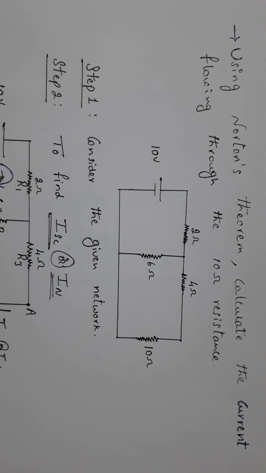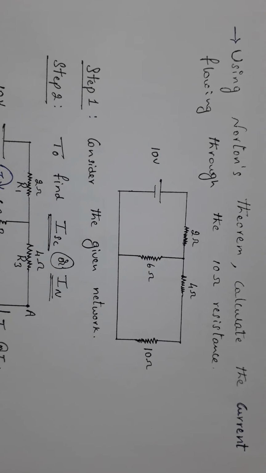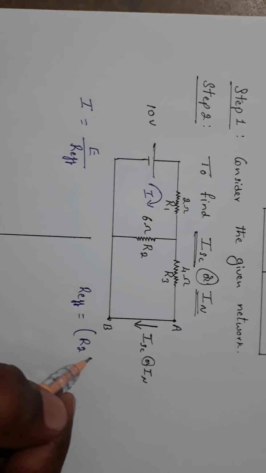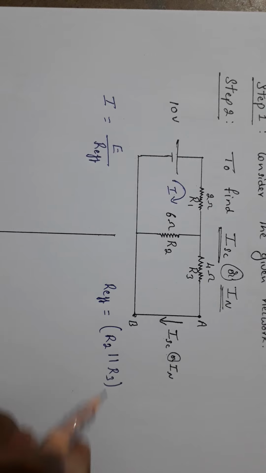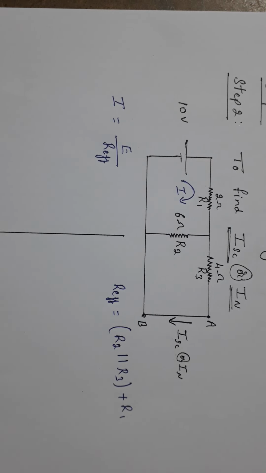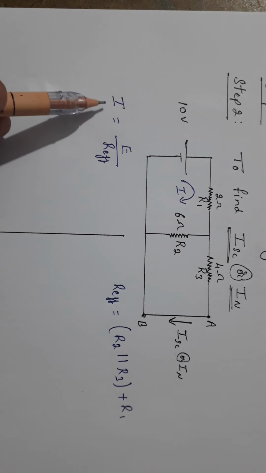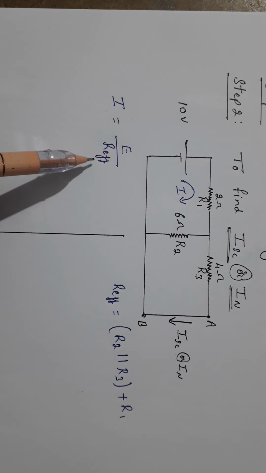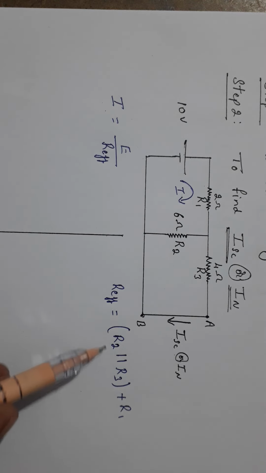So the current I is flowing in this mesh, I equals E divided by effective resistance REFF. First we must find the effective resistance. REFF equals R2 parallel R3 plus R1.